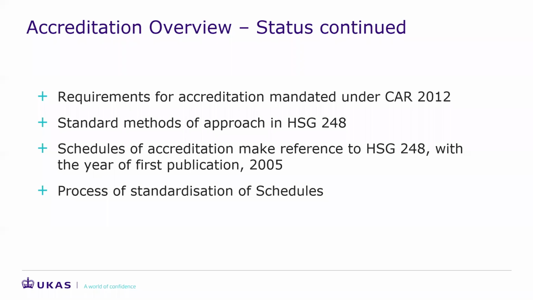Therefore, aside from the ensuing transition process, schedules are going to go through a process of revision to standardise wording for consistency. And as the transition process is completed, the year will be removed from the method. So 2021 will not form part of the schedule wording going forwards.